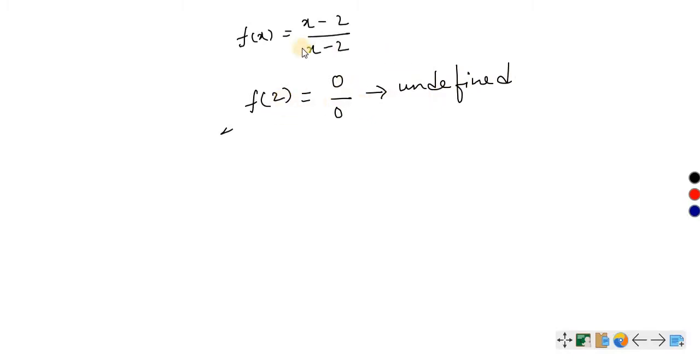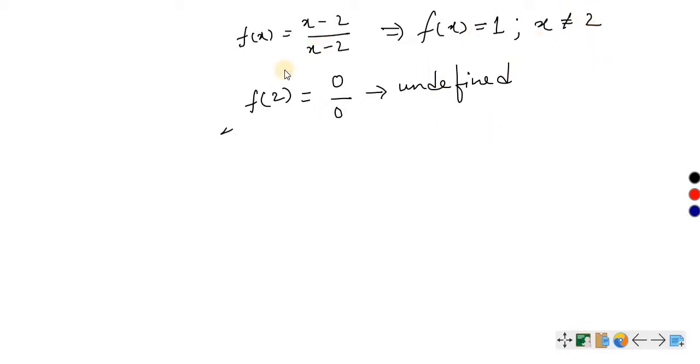And for other values of x, the value of the function will be 1, only if x is not equal to 2. So this is what we are getting here.